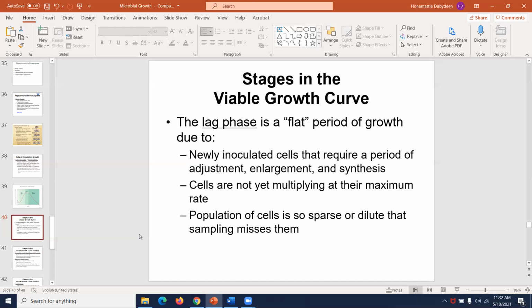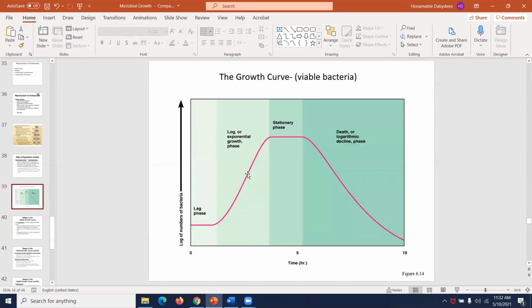So the environmental conditions are not favorable anymore. So it's a flat number there. It's not rising or falling, because the number of organisms that can still find a little bit of food and multiply will balance the number of organisms that cannot find food and die. So the number of viable organisms remains the same.